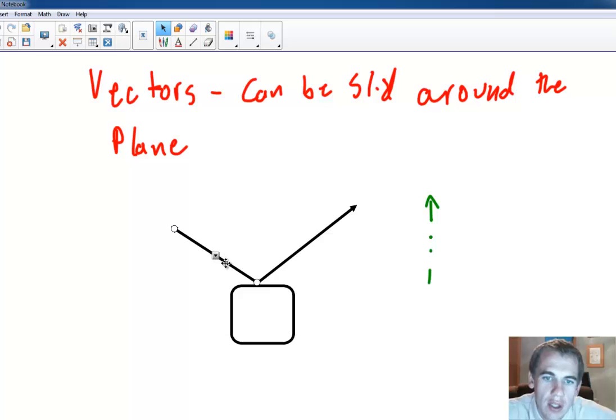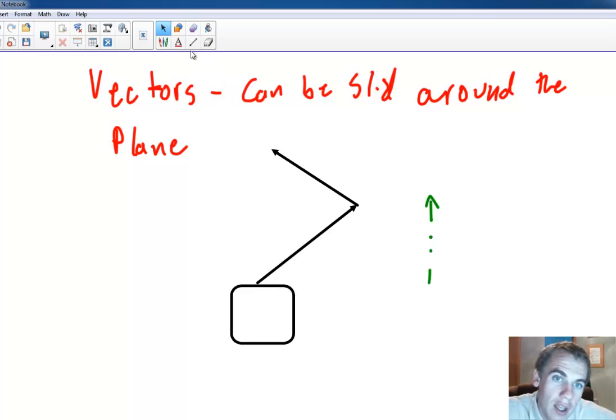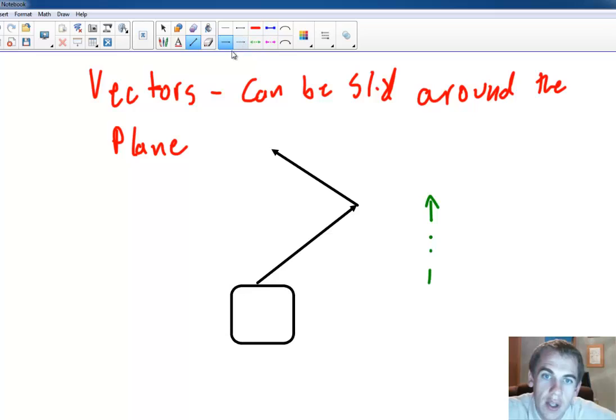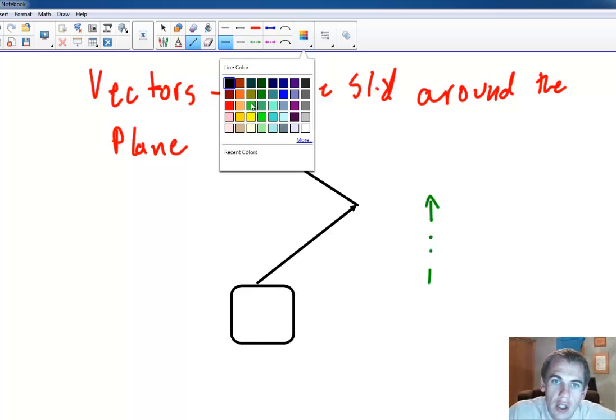We could take this one, and since it starts here, we could slide it up to the tip of that vector. So we went from the tip of this one to the tail of that one. Now we draw our resultant vector from the tail of the first one to the tip of the last one. I'm going to make this a different color.